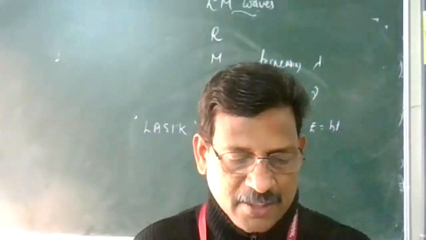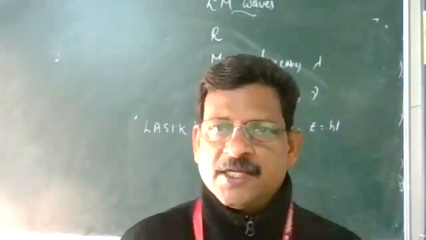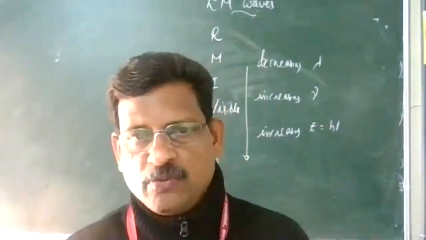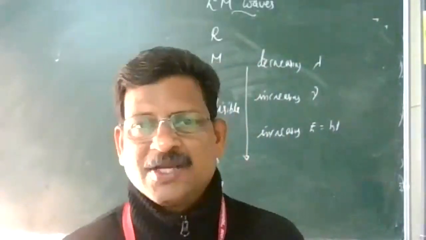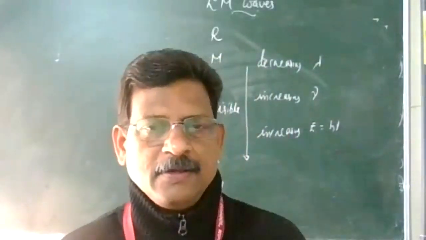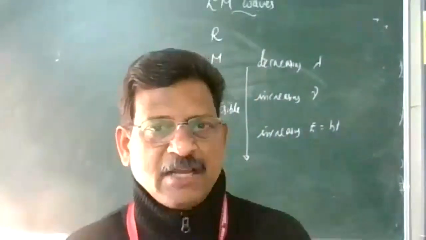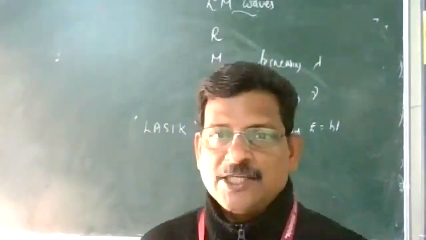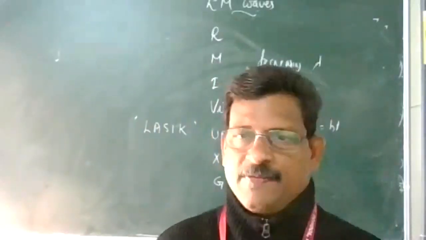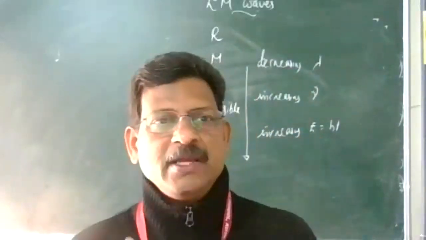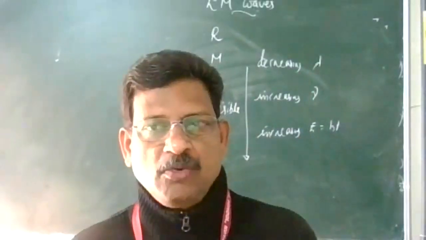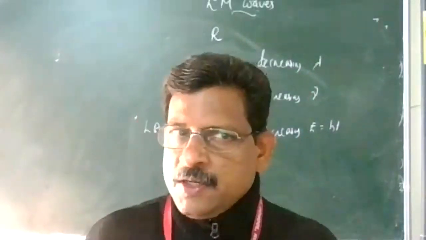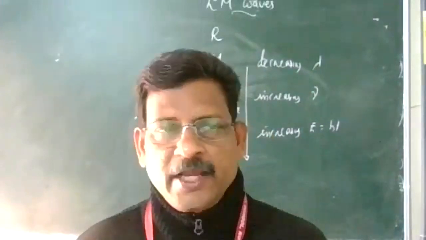Gamma rays are used for the main treatment of cancer, especially tumors, because of high energy. This is for killing the particular cancer cells. And they are also used to study the structure of atomic nuclei, a very important one. There is a chapter called radioactivity.